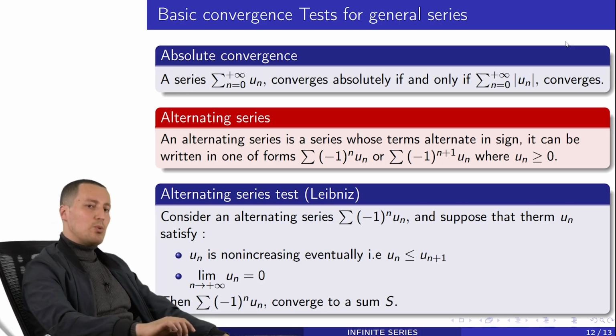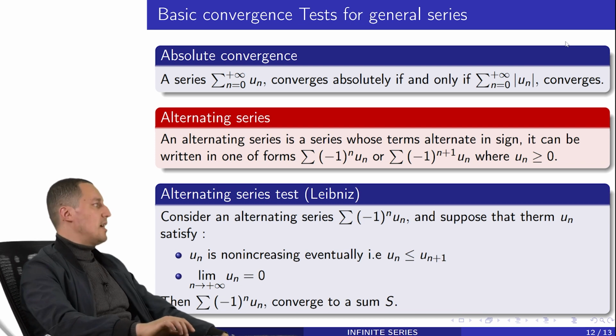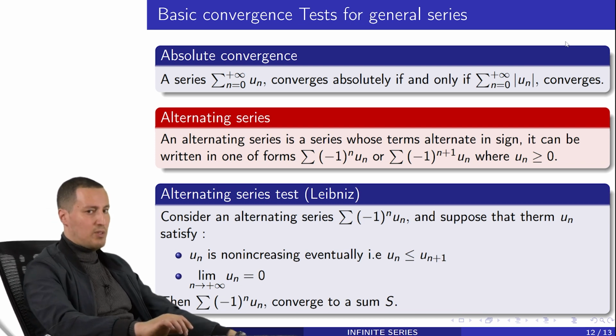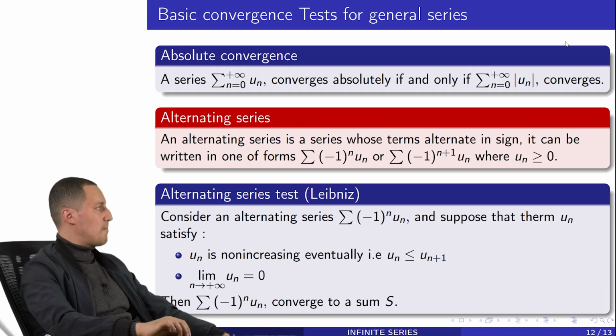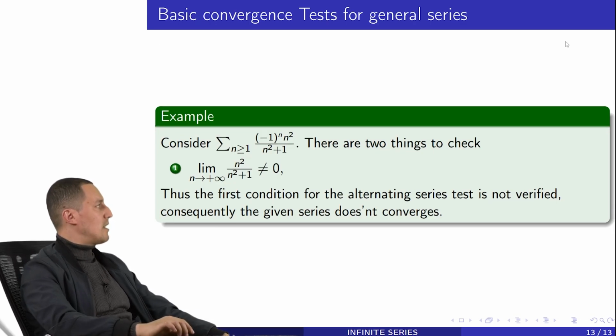If U sub n is a decreasing sequence, and the limit of U sub n goes to 0 as n goes to infinity, then we deduce that the alternating series converges to some sum. Here is an example of an alternating series that does not converge because it does not verify the first condition. It's finished.